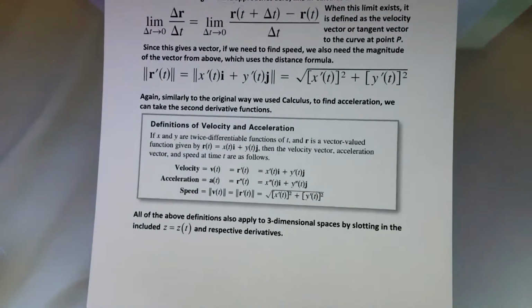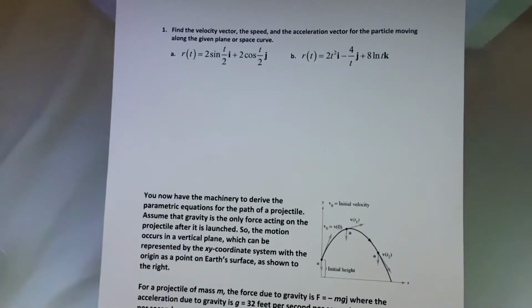So velocity is the first derivative of the vector valued function, acceleration is the second derivative, and speed is the magnitude of the velocity. To find the velocity vector, the acceleration vector, and then the speed for a particle moving in a given plane or space curve.